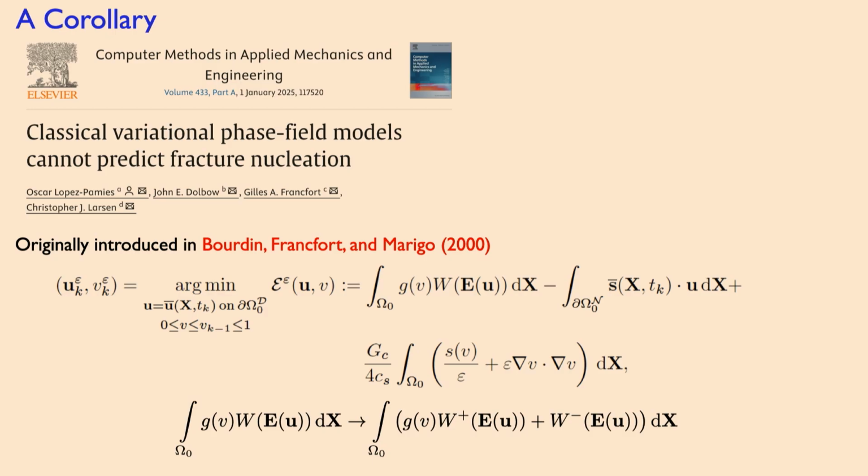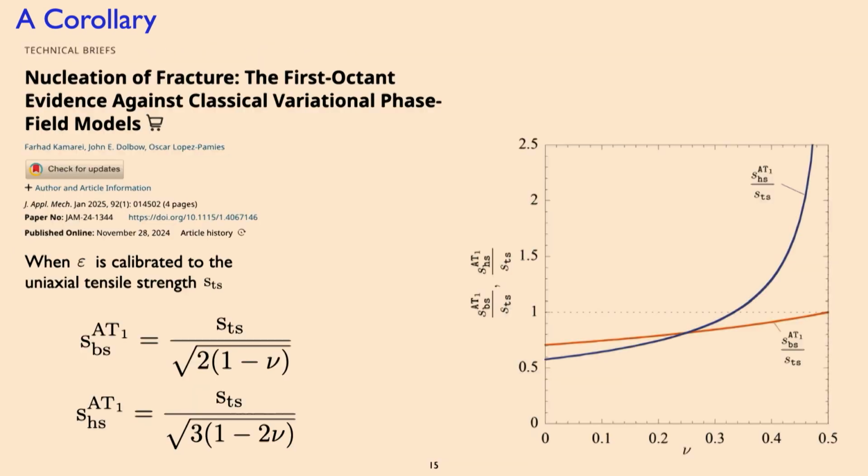Really a clue that this is not the way to do things is that there are at least 20 different splits that you can find in the literature in 25 years. You would think that after a while we'd start to figure out that perhaps this wasn't the way to do things. The easiest way to see this is to look in the first octant of stress space, where all of the principal stresses are tensile.